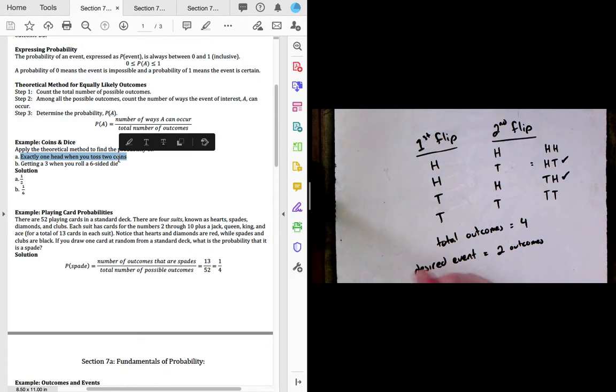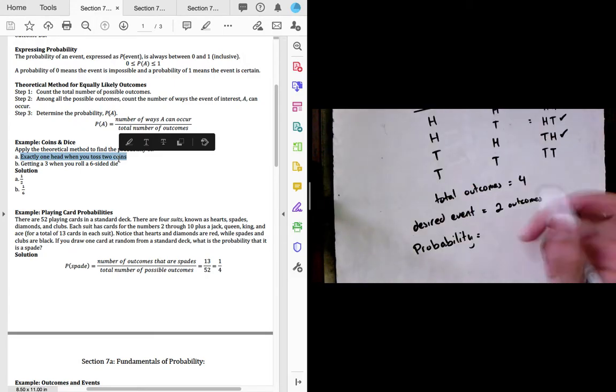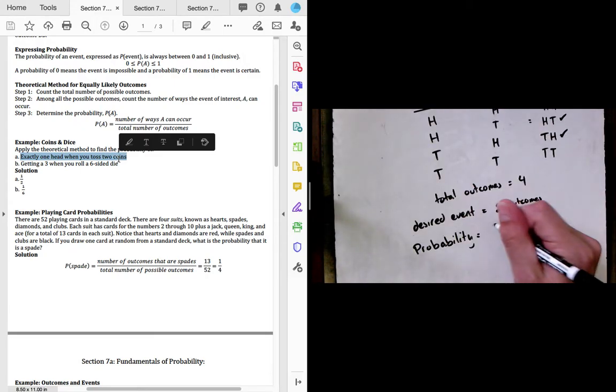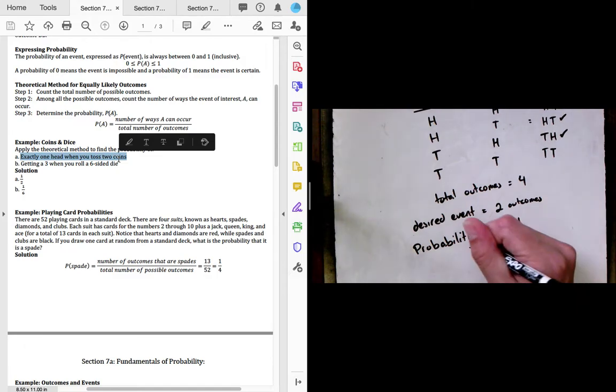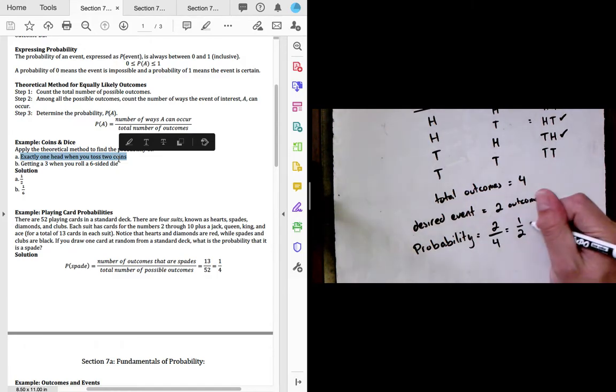Therefore, the probability can be expressed as 2 over 4: 4 total ways, 2 ways that we're interested in. And we like to simplify probability. 2 over 4 is the same thing as 1/2. You may also see probability, like I mentioned before, expressed as a decimal, which we could also write as 0.5. I prefer either the fraction or the decimal representation.